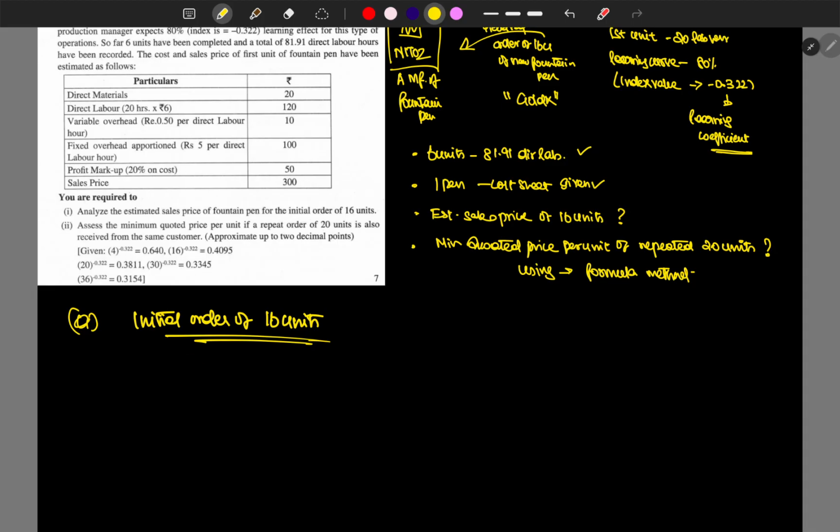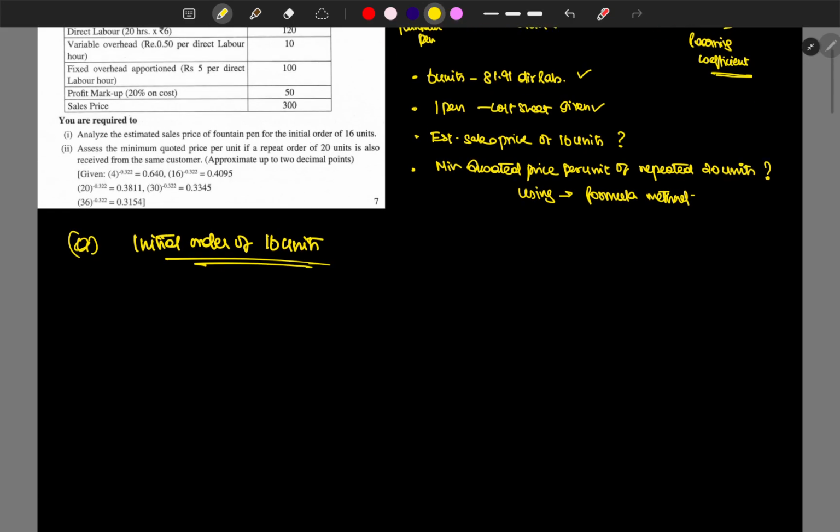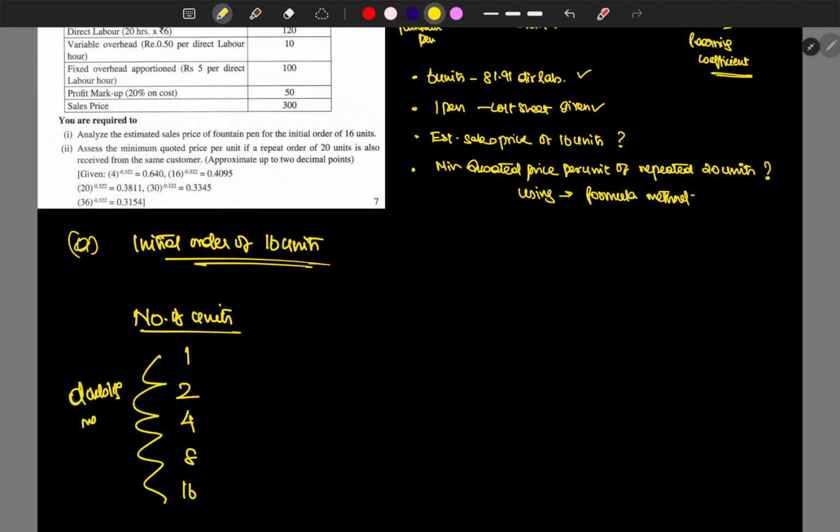So how can we find out the learning curve? We call it the cumulative average time per unit, CAT per unit. The number of units goes 1, 2, 4, 8, 16. See, doubling. This is the doubling method.